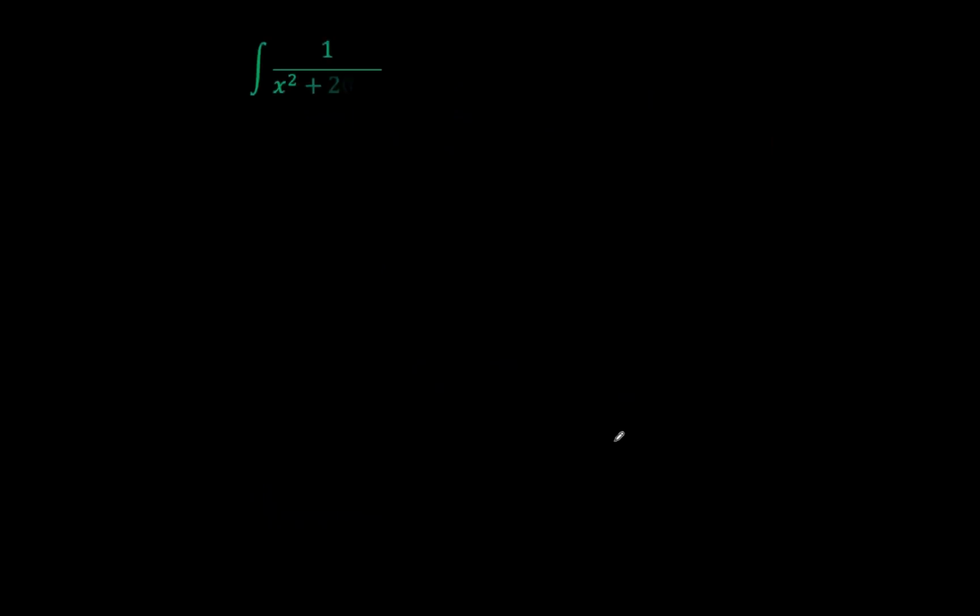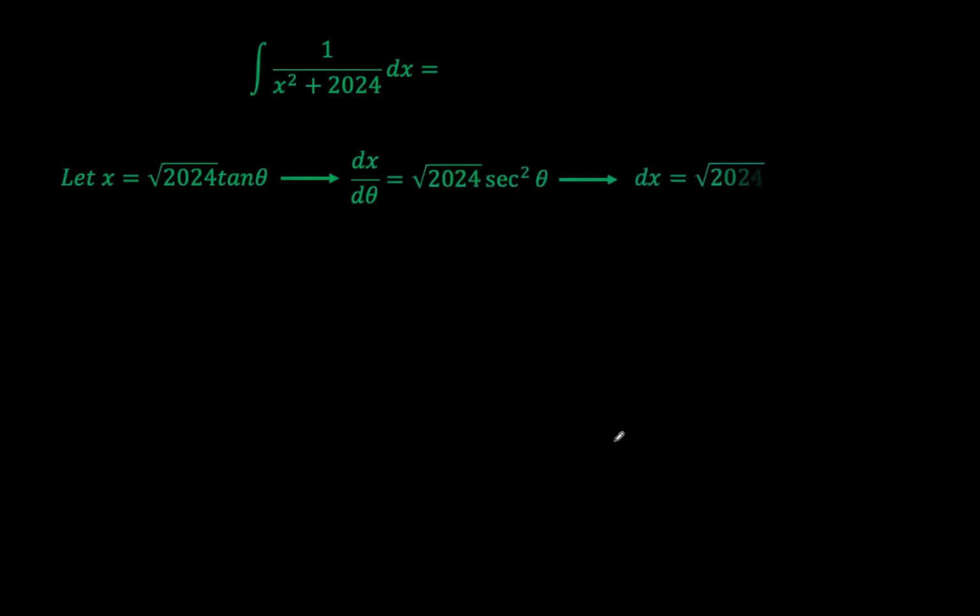So we could say let x be equal to the square root of 2024 tan theta, such that dx over d theta is the square root of 2024 sec squared theta. And so therefore we can substitute dx with the square root of 2024 sec squared theta d theta.